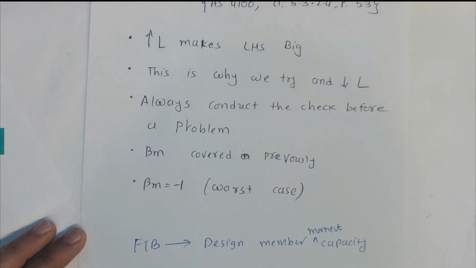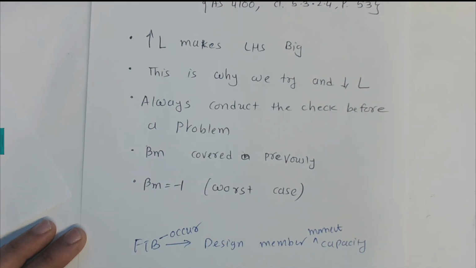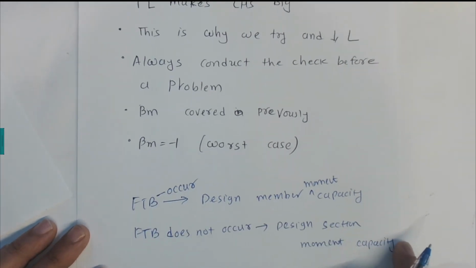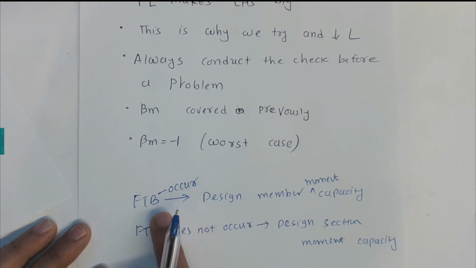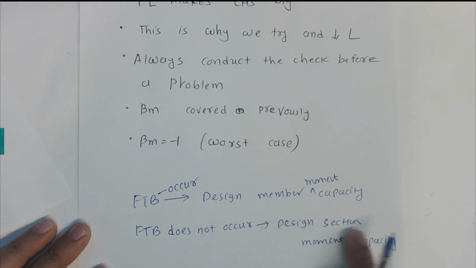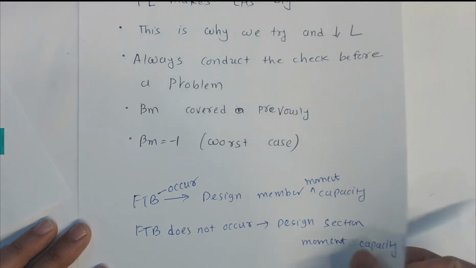So we have two cases: when FTB occurs, we have a design member moment capacity, and if FTB does not occur, we need to calculate design section moment capacity.